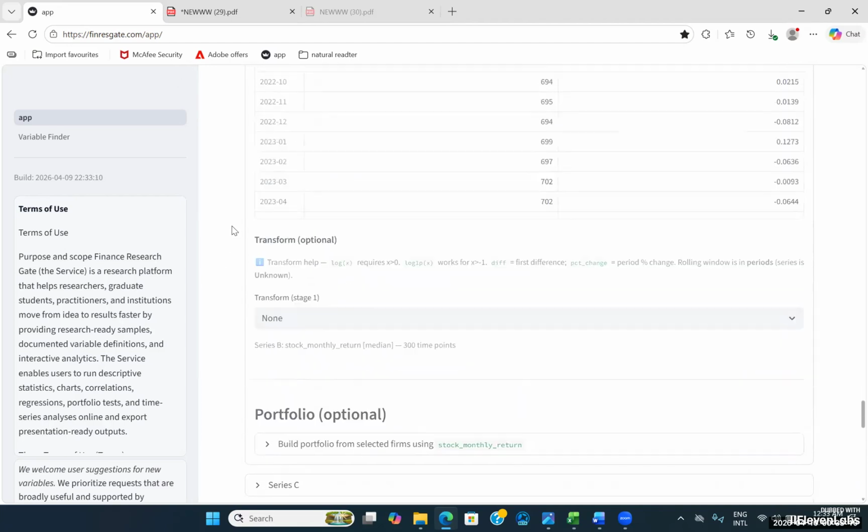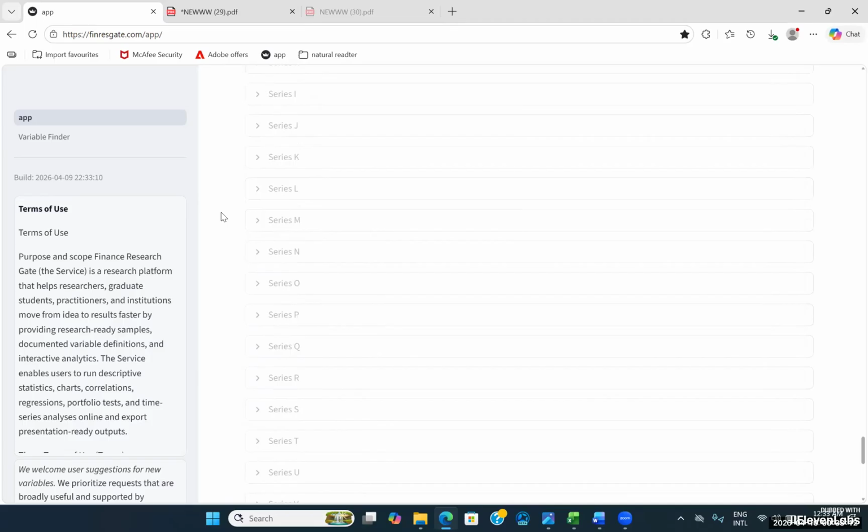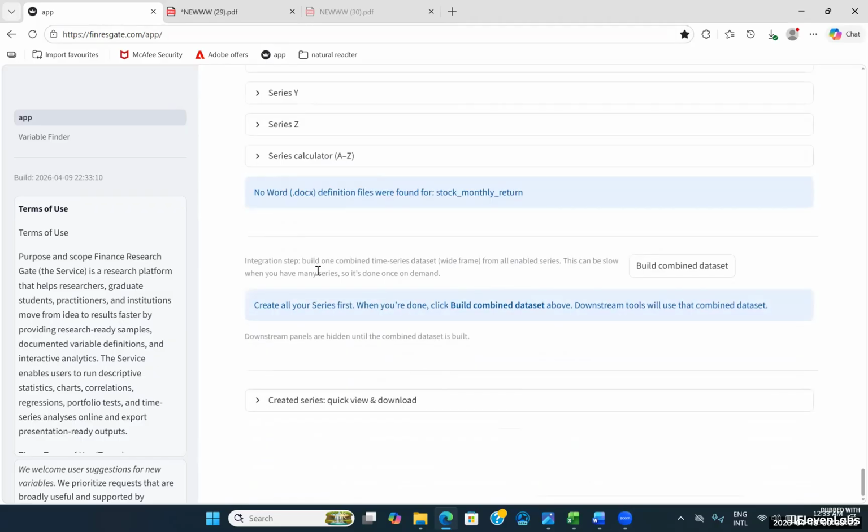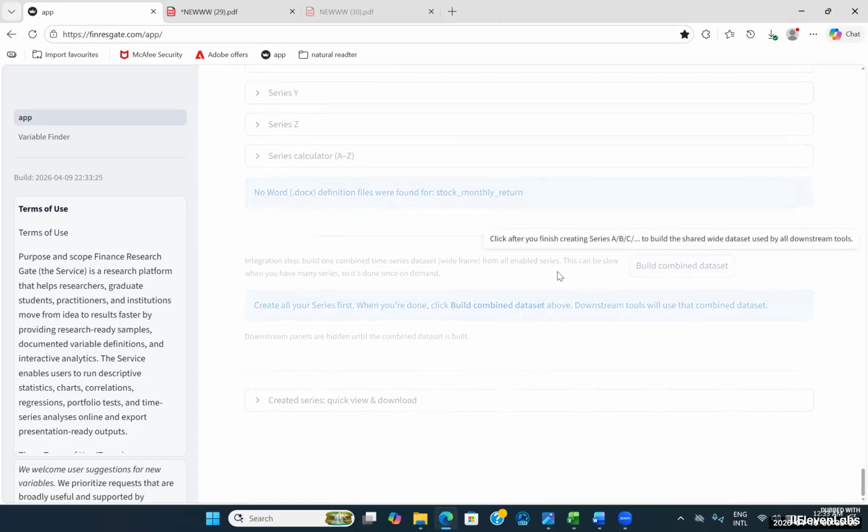We should rename it, and then once we finish constructing the X and the Y components, we'll be in a position to thoroughly examine their dependence. Then we build a combined data set in order to make progress.